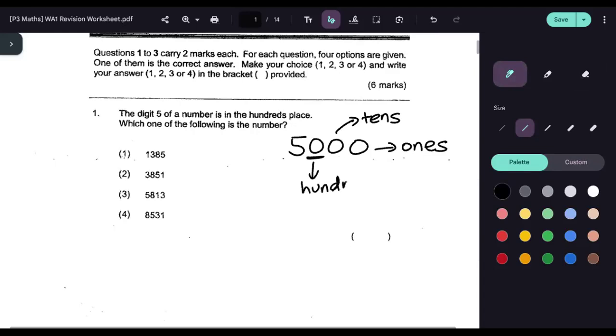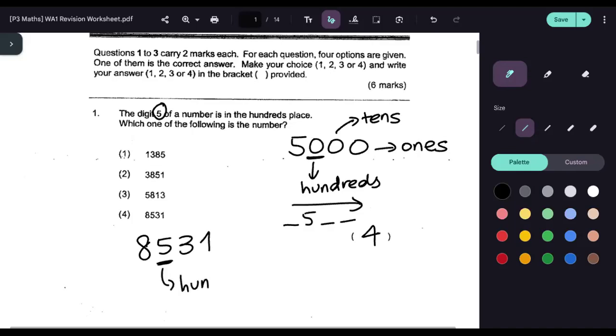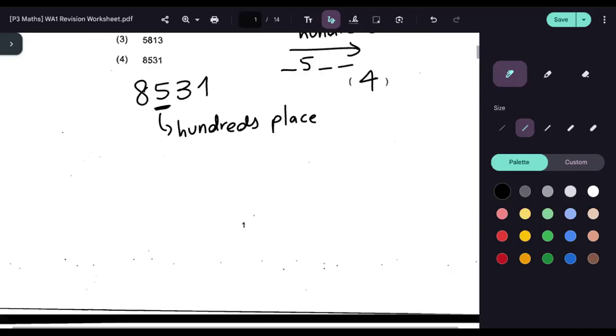You look carefully for the number where the digit 5 is in the second position from the left, so something 5 something something. So the answer will be 4, because in 8531, the 5 is in the hundreds place. Let's move on to the next one.